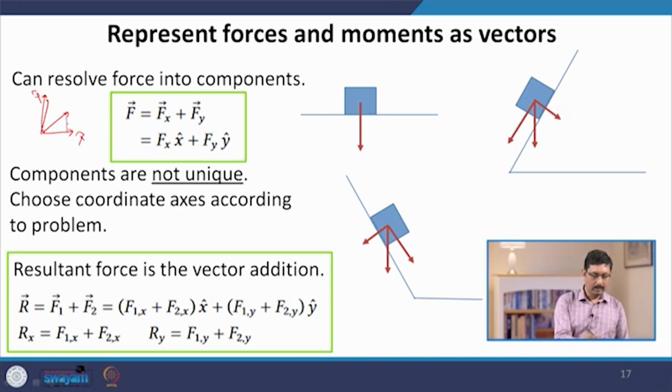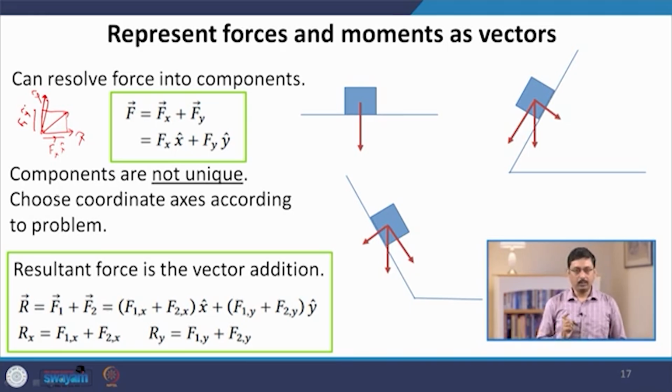Then as we discussed in the first week, when we defined the dot products, this is the x component of the force, and if you drop a perpendicular, then you get the y component of the force. So, you can resolve the force into components, and we shall see that this is a very important and handy trick to solve problems.